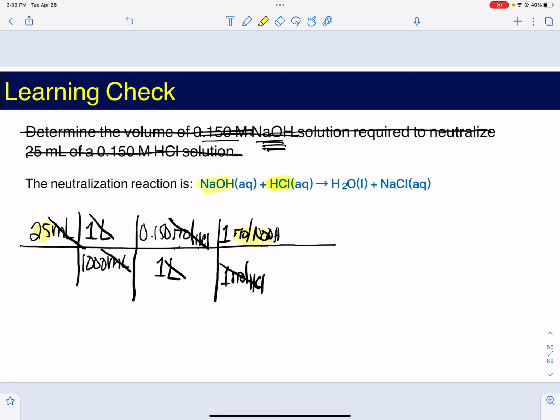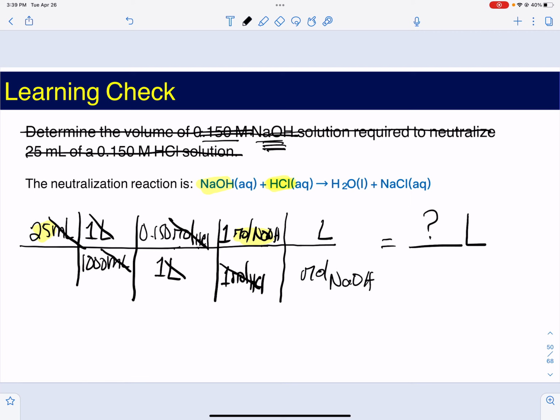But I am not looking for the moles of NaOH. I'm looking for the volume, or liters, of NaOH. So I'm going to get rid of the moles of NaOH, or sodium hydroxide, because I want the liters.